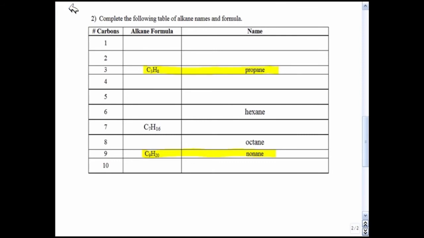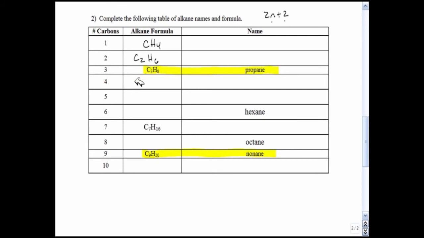Okay, so hopefully you've done this and tried. For the alkane formula, for 1 carbon it's CH4. C2, so 2 times 2, remember the 2n plus 2 is the number of hydrogens, so 2 times 2 plus 2 is C2H6.